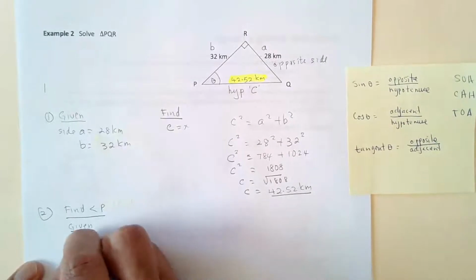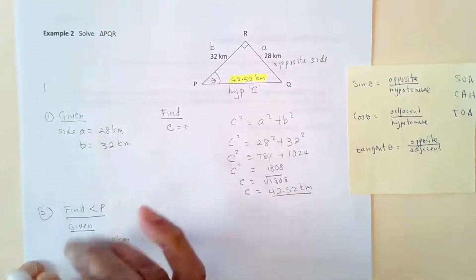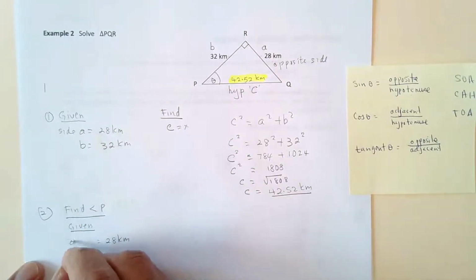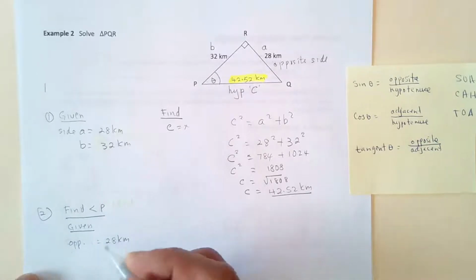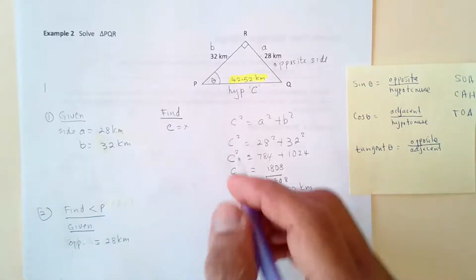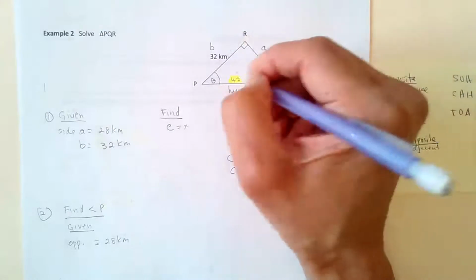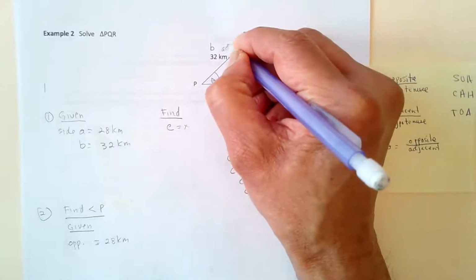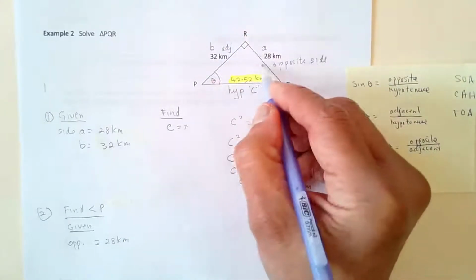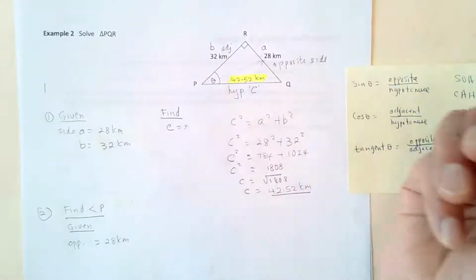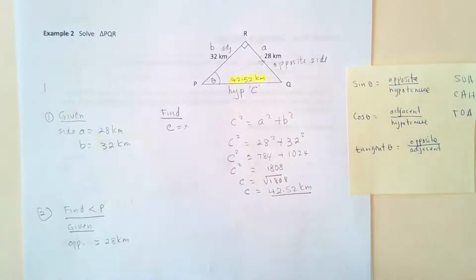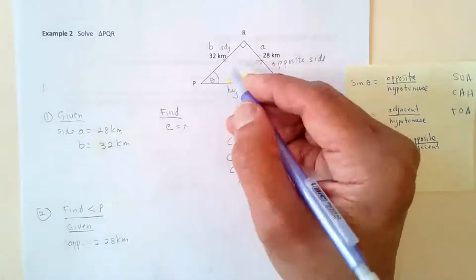So we're given the opposite. And this will be the adjacent, because notice this side is opposite this angle. And 32 is the adjacent side.